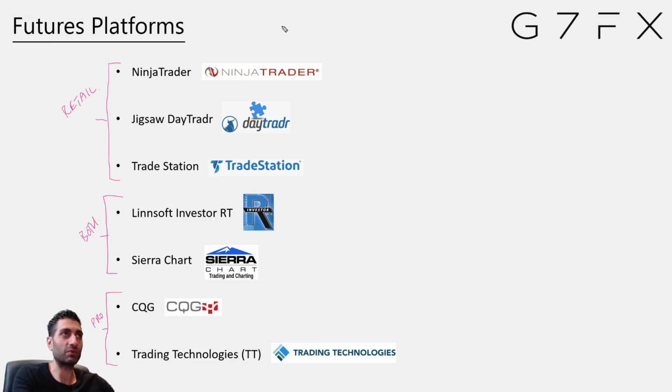To give you an example, things like the volume profile that I use, these guys, Investor/RT and Sierra Chart, have started blowing the professional providers out of the water. They've got some really clever guys developing the tools and making them available at an affordable price. And it's even better, and I'm going to show you how.